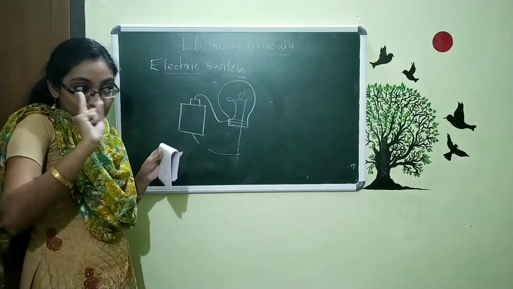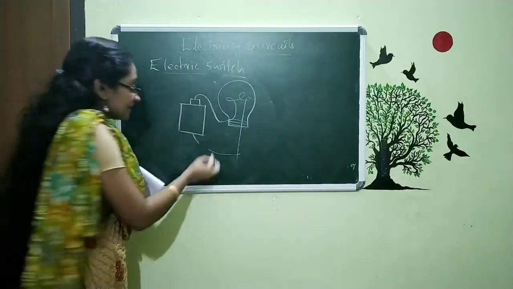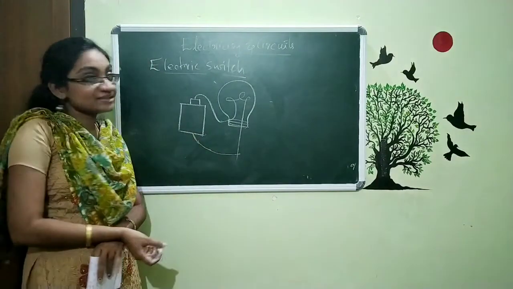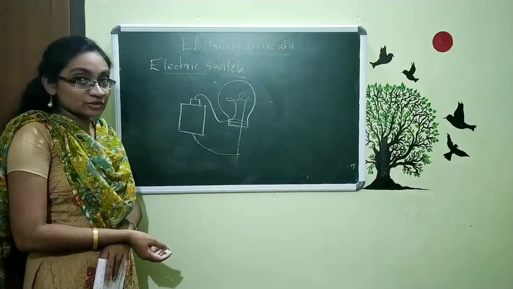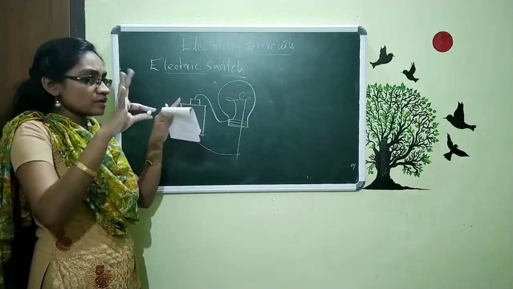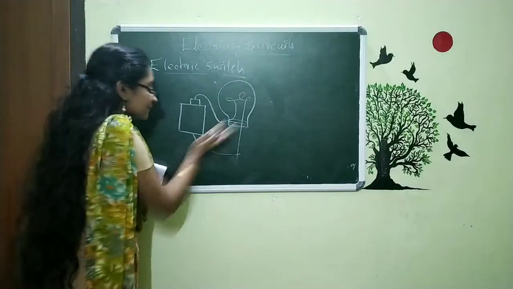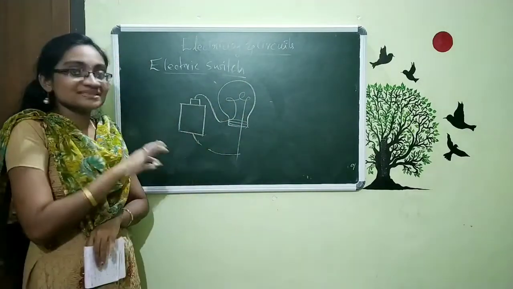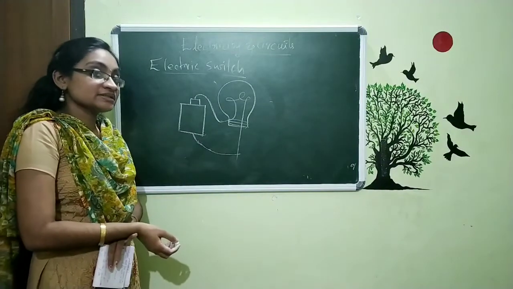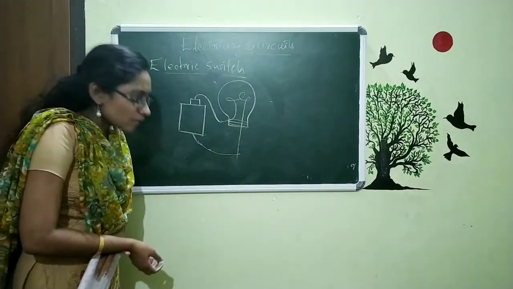By switching on, this wire moves towards this point and the circuit gets closed. That's how this bulb gets on and off. When the break comes, the bulb is off. When I join this again, it is on.